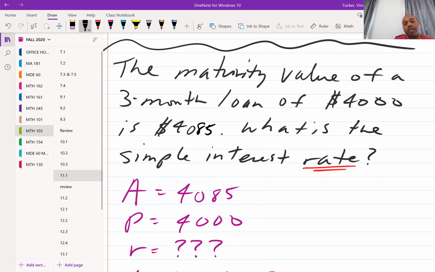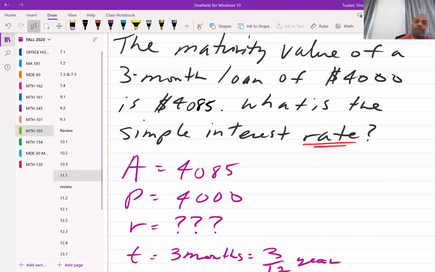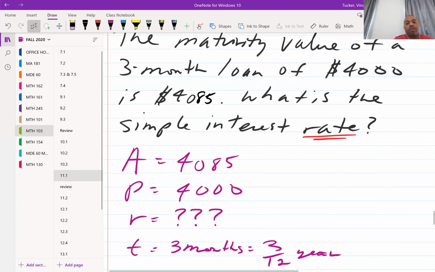And that's what we have to find. So write down your givens. A is 4,085. P is 4,000. R is the unknown. T, 3 months, so that'd be 3 over 12.